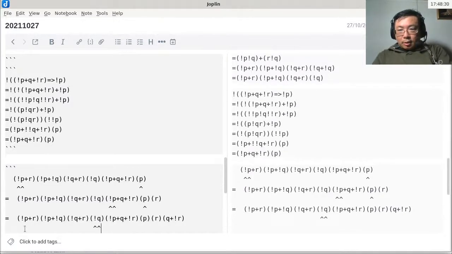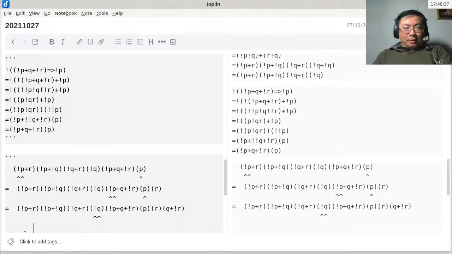Okay, I misspoke. We have this not Q here to resolve with this Q over here.